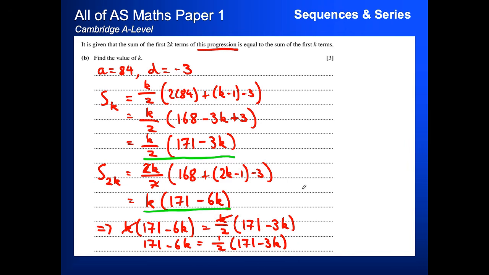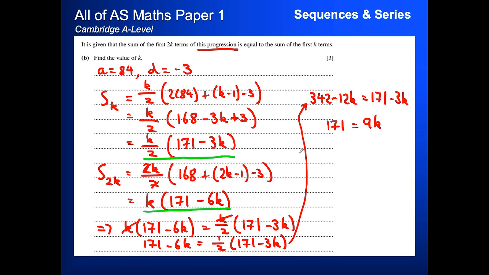At this point, it's just using as efficient algebra as we can. I'm going to times both sides by 2 here, make our life a little bit easier. So we get 342 minus 12k is equal to 171 minus 3k. Subtract this from both sides, add 12k on. We get 171 is equal to 9k.